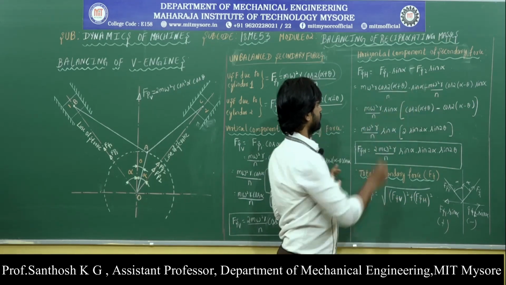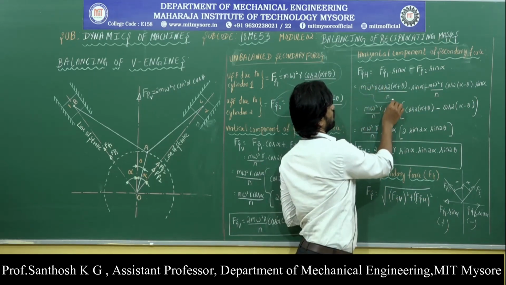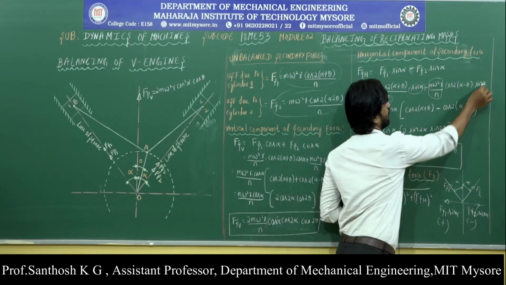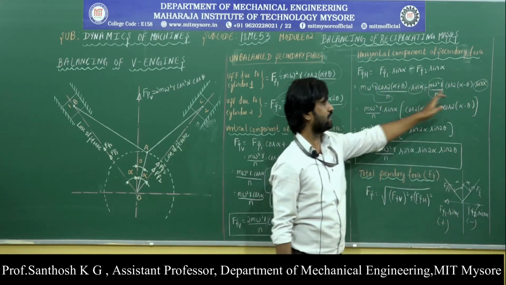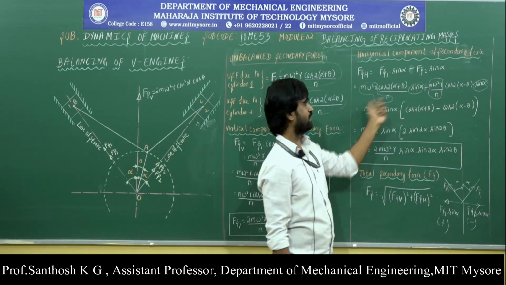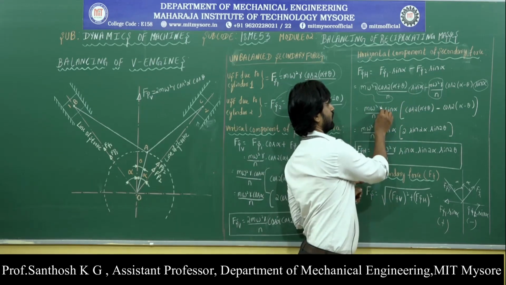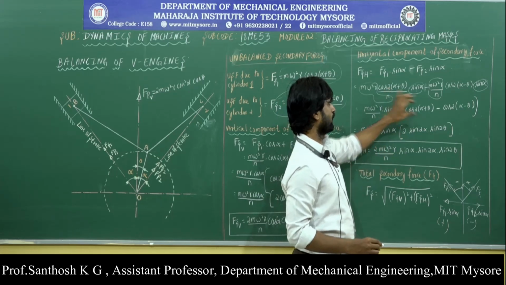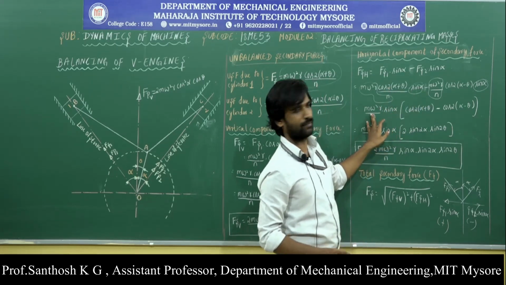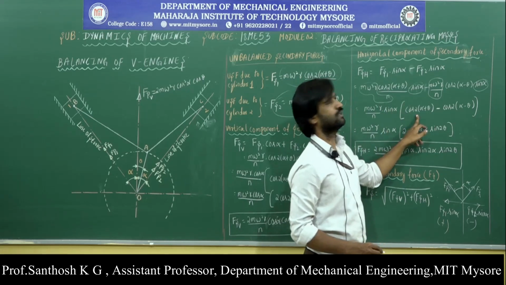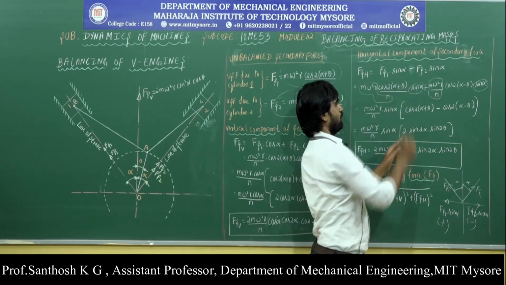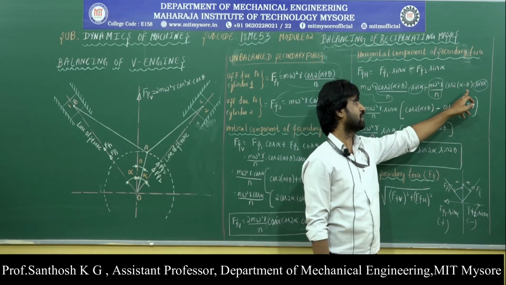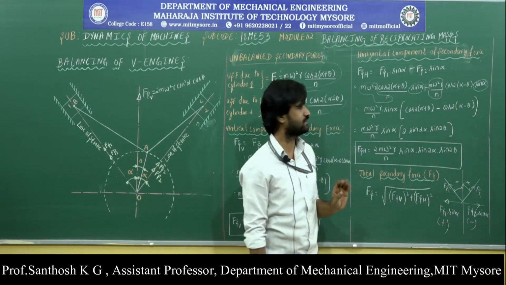In these two terms we can see that we have m omega square r divided by n into sine alpha as common. So we can take this as common. When I take this common, in the first term I will be left with cos of (2 alpha plus theta), and in the second term cos of (2 alpha minus theta).